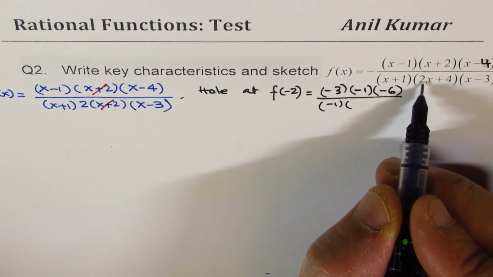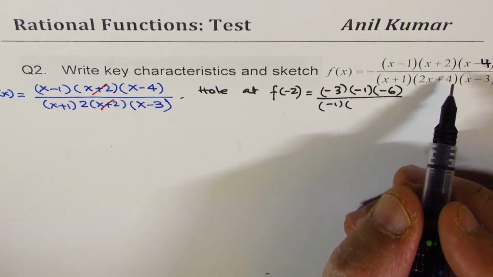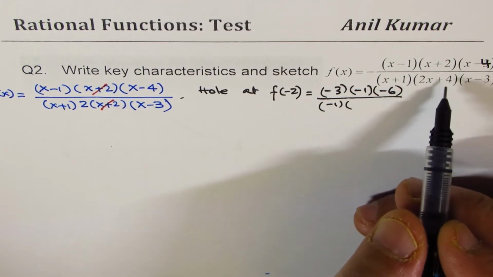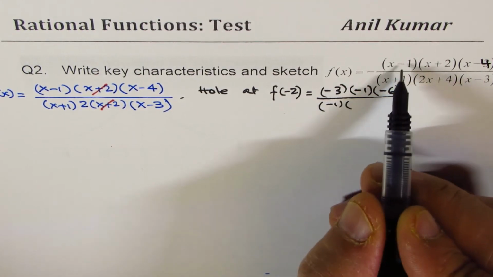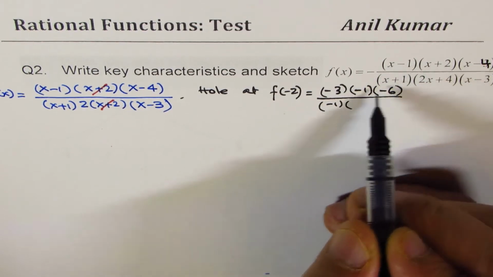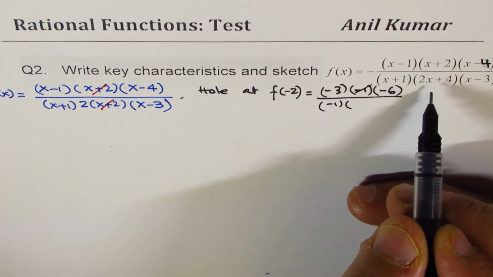Minus 2 means 4, and that gets cancelled. So, what did I do? Let's look into this once again, the numerator part. Minus 2 gives this, and this is 0. That gets cancelled off, right?